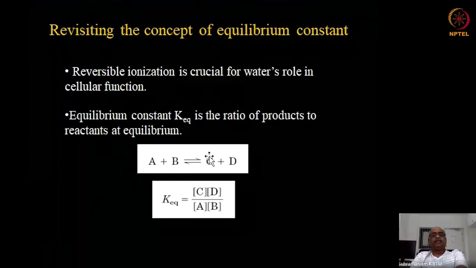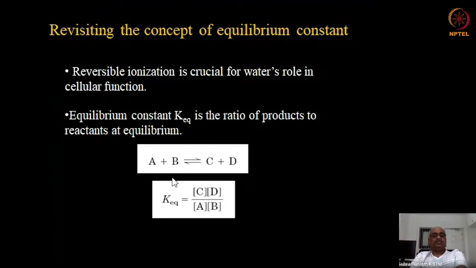The rate of forward reaction, let us say R forward, equals K forward times A times B, since the rate is directly proportional to the product of the reactants. And the rate of the reverse reaction equals K reverse times C times D. That's what you will write.